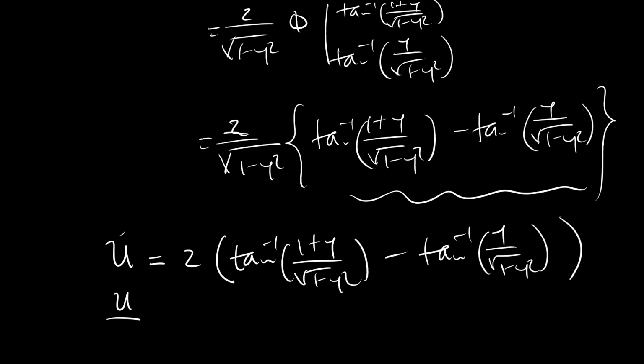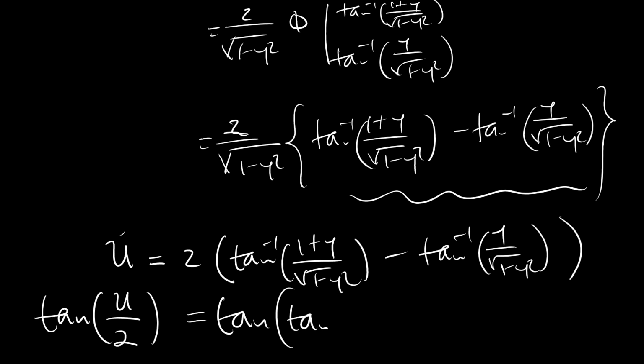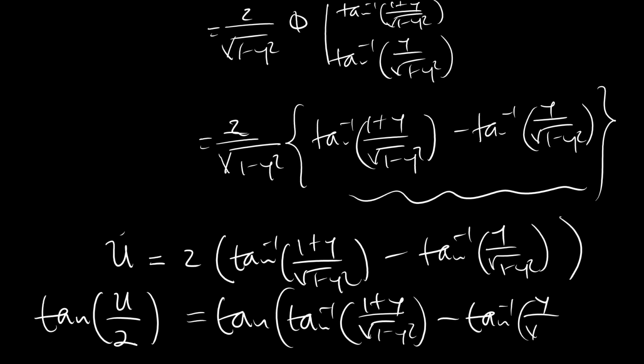Then u over 2, and we say tangent of that is equal to tangent of the arctangent of (1 plus y) over the square root of 1 minus y squared, minus the arctangent of y over the square root of 1 minus y squared.